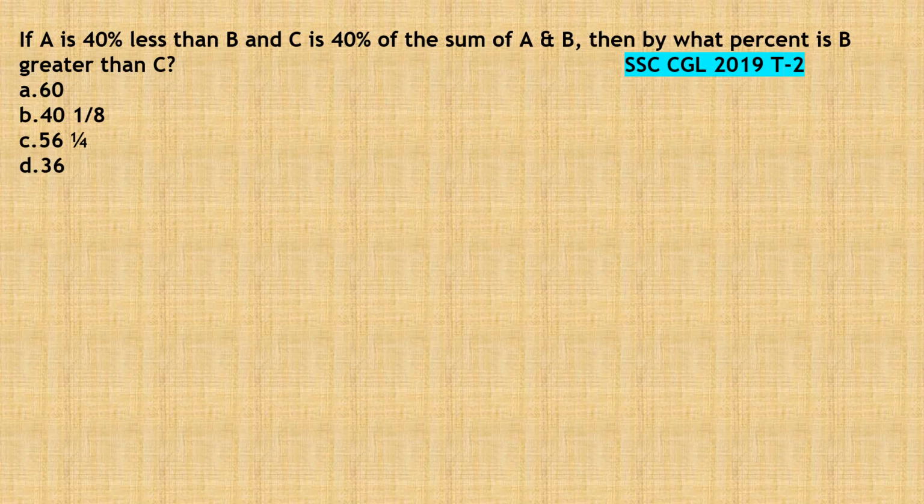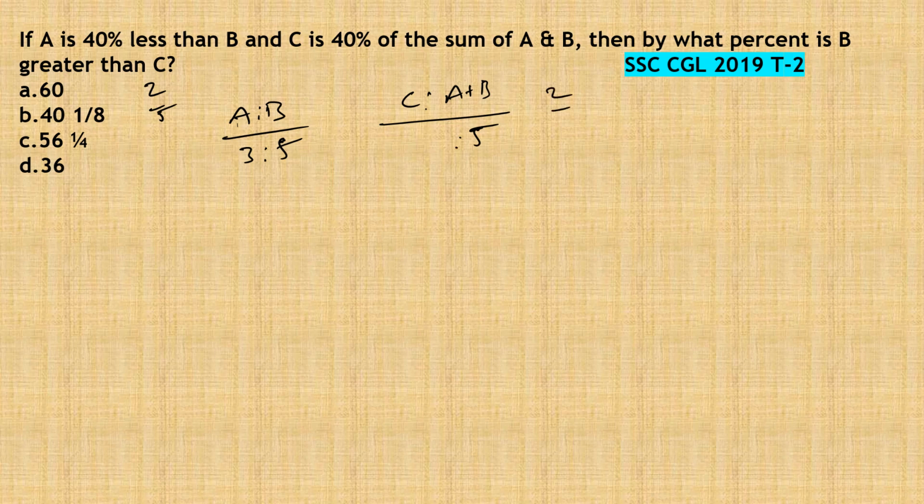If A is 40% less than B, A is to B, A is 40% less, 40% is 2 by 5. A is 2 less than 5, that is 3. C is 40% of the sum of A plus B. If A plus B is 5, 40% is 2 by 5. 40% of means it is 2 of A plus B. By what percentage is B greater than C?